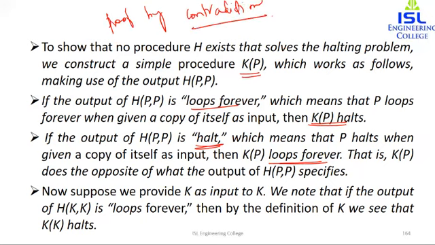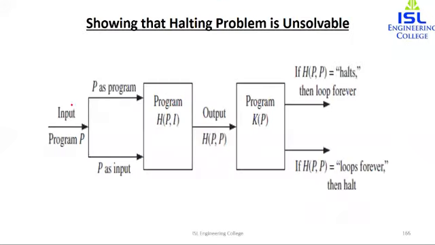Now this can be even explained by an example. We are taking an input program P. To the program, we are giving I as an input and we are getting the output, which is H of P. To this H of P, again we are giving an input, the same program P. If the output is "halts", then it means our program is looping forever, and vice versa: if the output is "loops forever", then our program is halting.